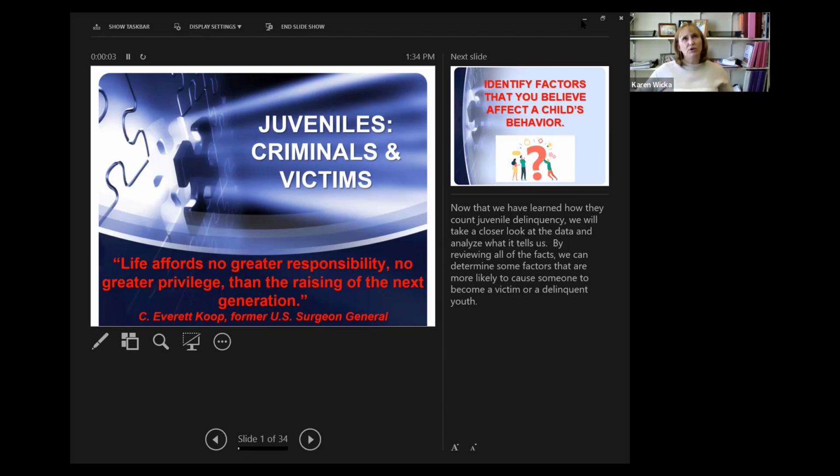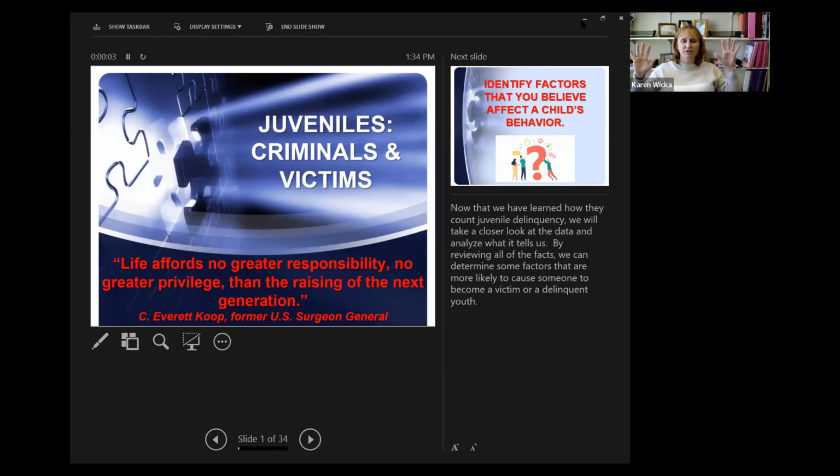Okay, so when you put all of this knowledge that we have, all this research on development and ethics and your social cognitive behavior, and you take all of these things, plus you put them together with all the stats that we talked about in the last lecture on who's committing crimes and when they're committing crimes, then we can start to put together what we call a risk assessment.